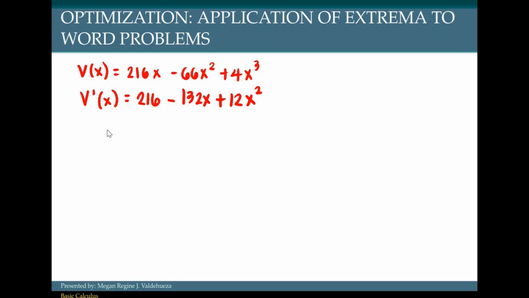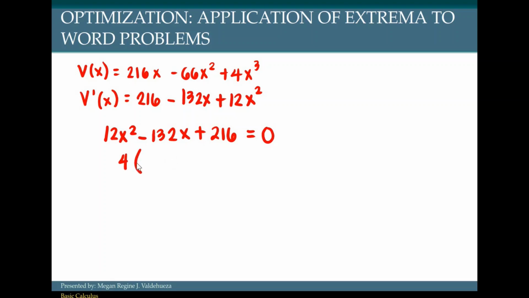Okay, so next step, we may rewrite this as 12x squared minus 132x plus 216. We equate that to 0. And since from the three terms, we have a common monomial factor of 4.